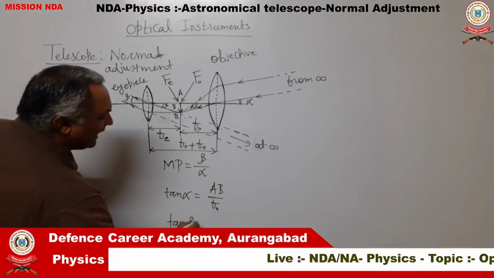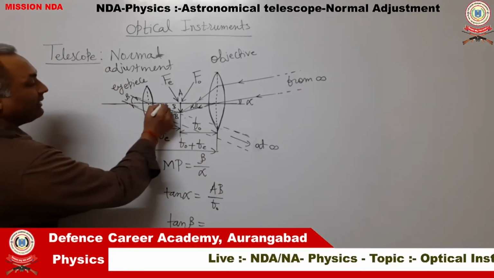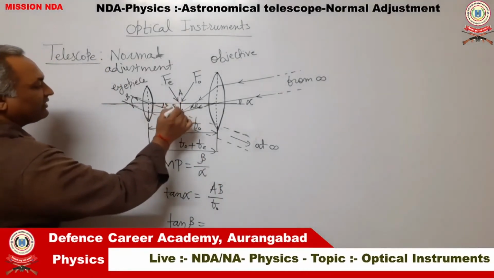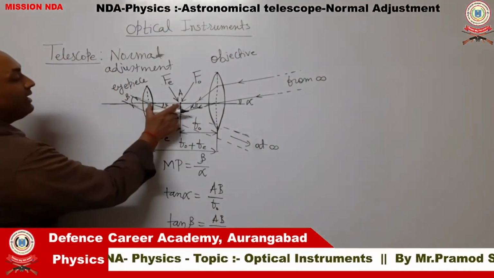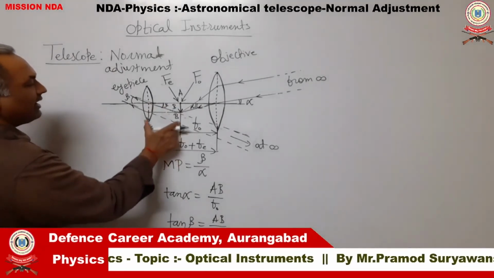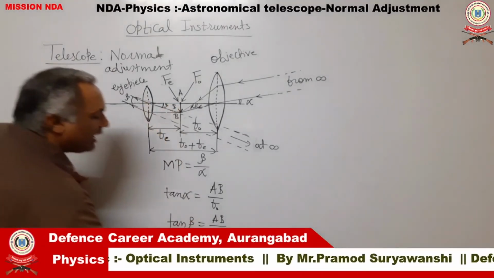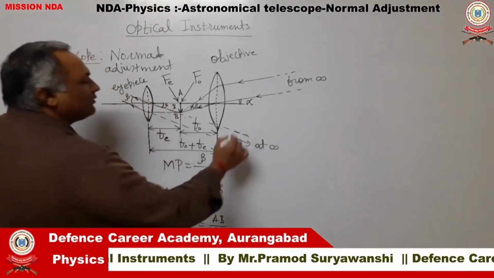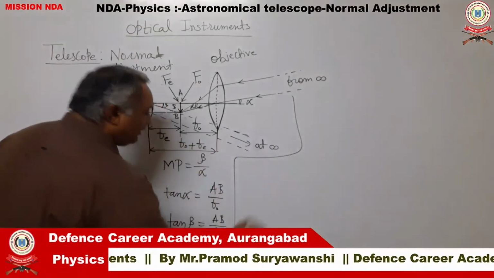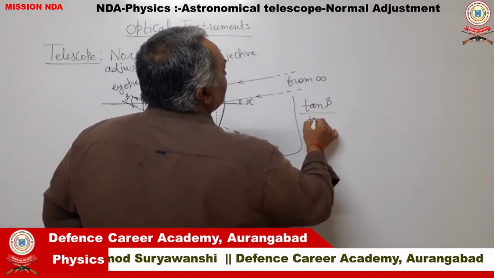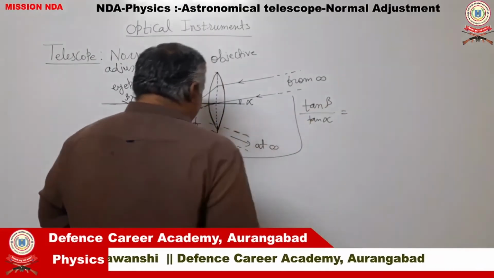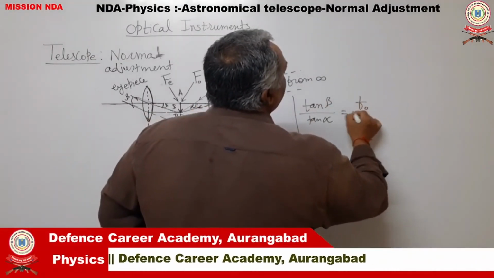Likewise, consider tan beta. For this angle beta, the opposite side is again the height of the intermediate image AB, and the adjacent side here is equal to FE. So we have tan beta divided by tan alpha is equal to FO upon FE.